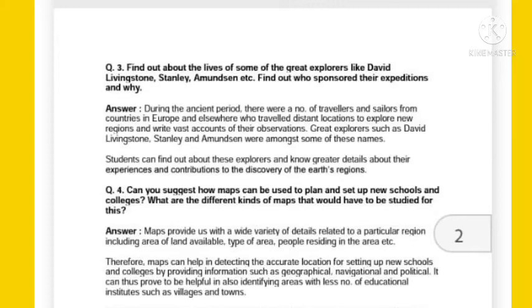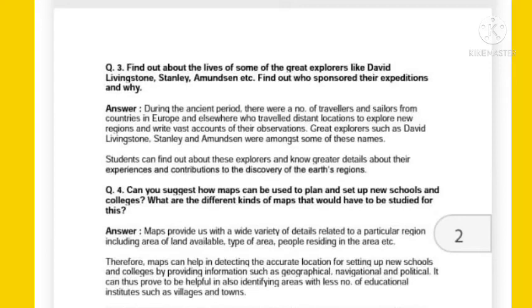Answer: Maps provide us with a wide variety of details related to a particular region, including the area of land available, type of area, people residing in the area, etc. Maps can help in detecting the accurate location for setting up new schools and colleges by providing information such as geographical, navigational, and political.